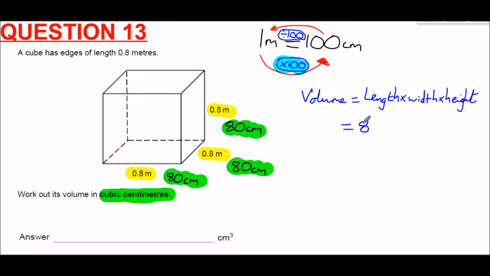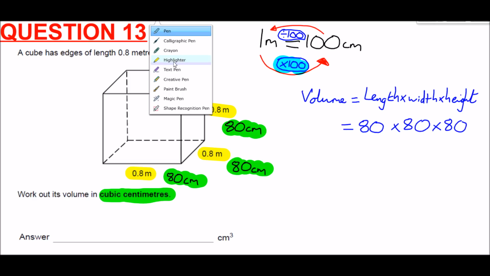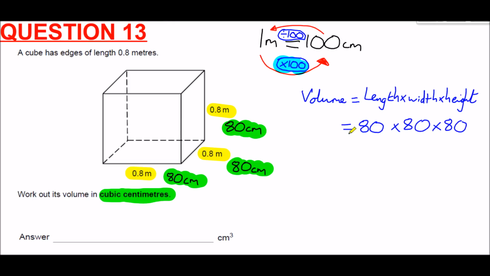So because it's a cube, all these values will be the same. 80 times 80 times 80. We want centimeters out, so we put centimeters in. So we're not going to use 0.8, we're going to use 80. The units we put in relate directly to the units we get out.